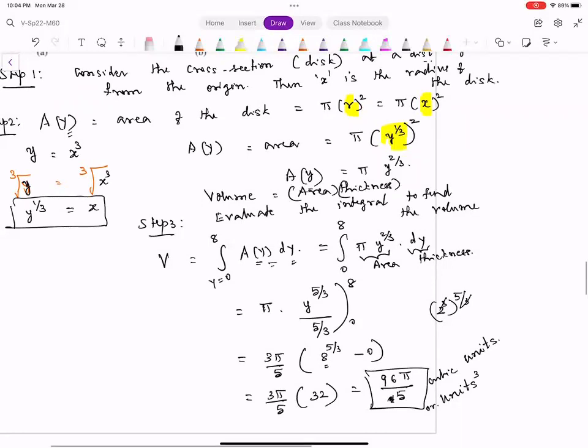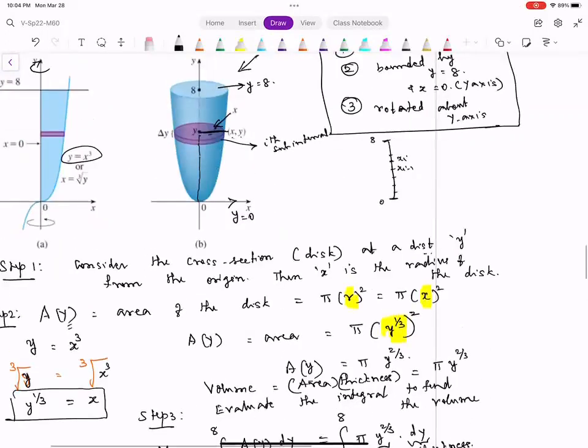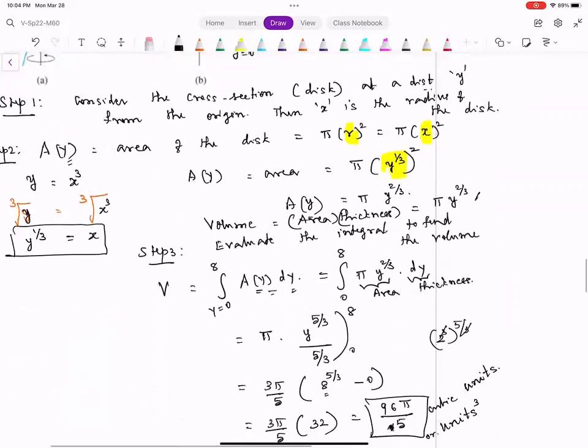So that is what the area of the cylinder is, pi y to the power 2 by 3. Now the cross section is made along the y-axis, so the thickness would be delta y, which becomes dy in the integral.